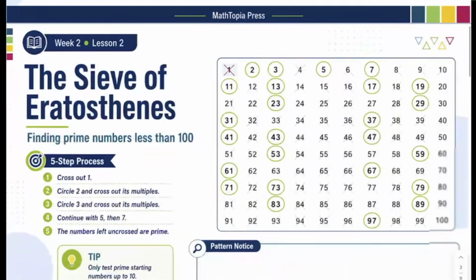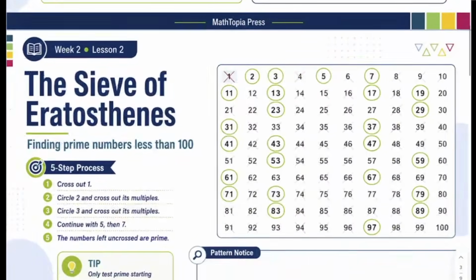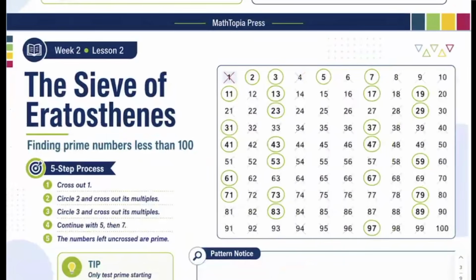So here is the very interesting sieve of some very famous mathematicians. How can we discover the first few, I will say 25 prime numbers until 100? I said 25 prime numbers until 100?